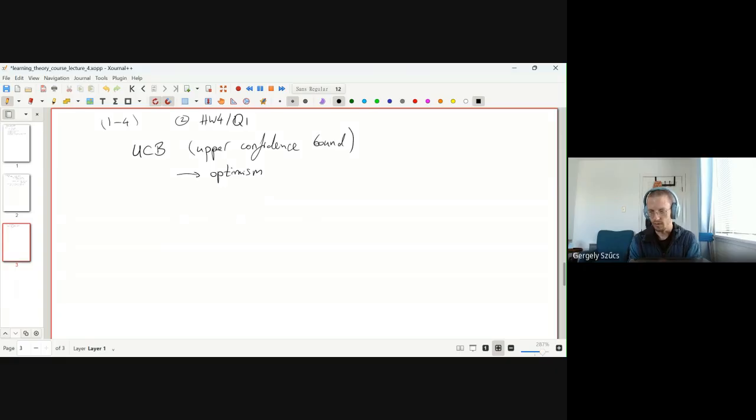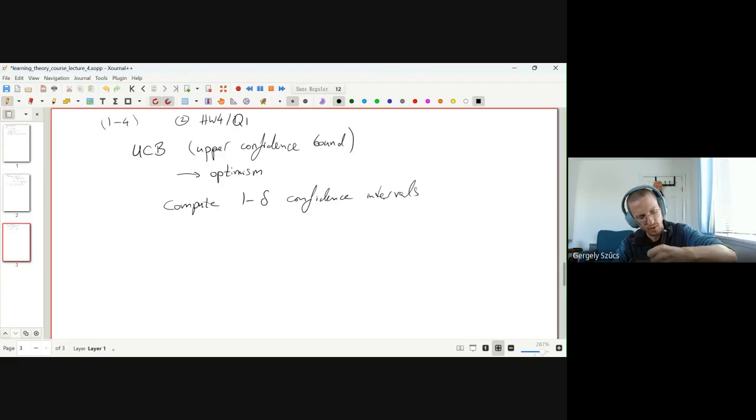So on a high level, the way it works is that at each time step, we compute, let's say, some 1 minus delta confidence intervals, where we'd have to, again, choose delta carefully. So these are confidence intervals for the means of each arm.